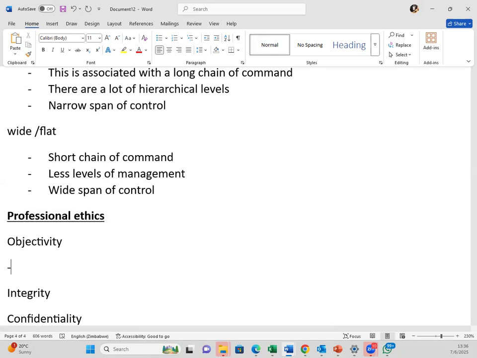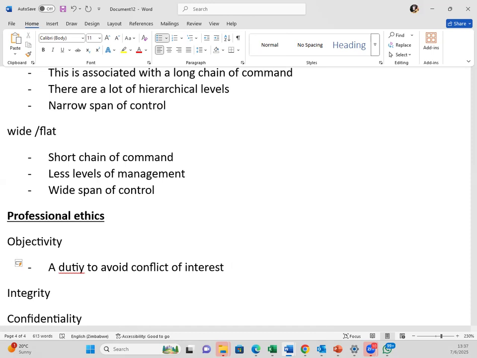So objectivity, this is a duty to avoid self-interest. You are not supposed to put yourself in a position where you benefit, but at the expense of the company. So as an accountant, as a professional member, you have a duty to avoid conflict of interest.